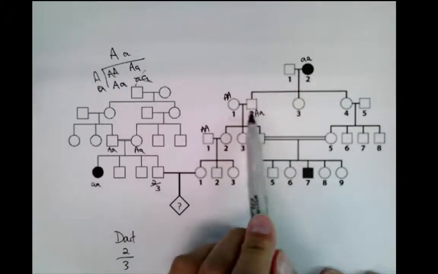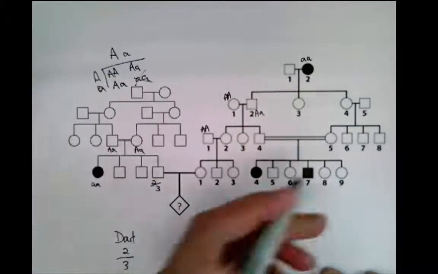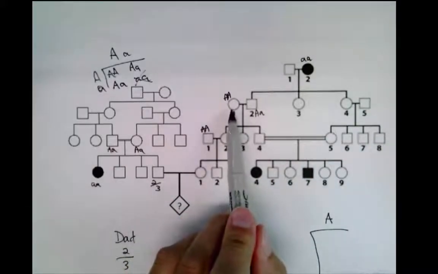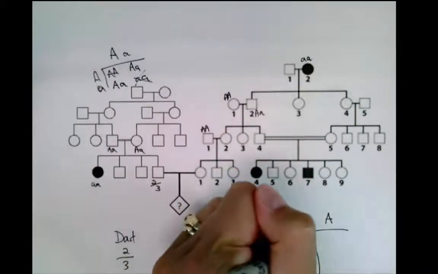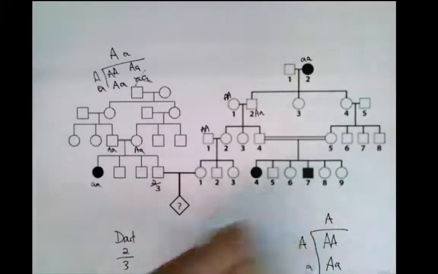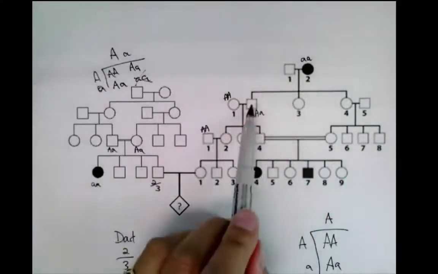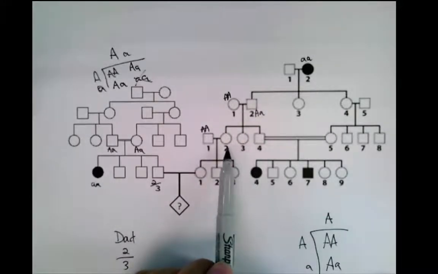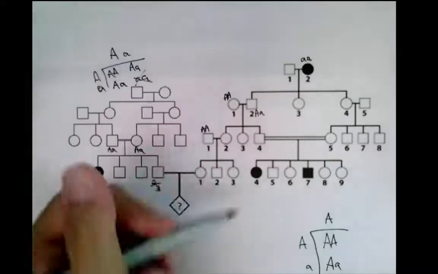Now this cross is different than the one we saw before. There's only one kind of allele that can come from the mother here. From the dad, it's either big A or little a. So all the children here have a 1/2 chance of being a carrier for the disease allele.